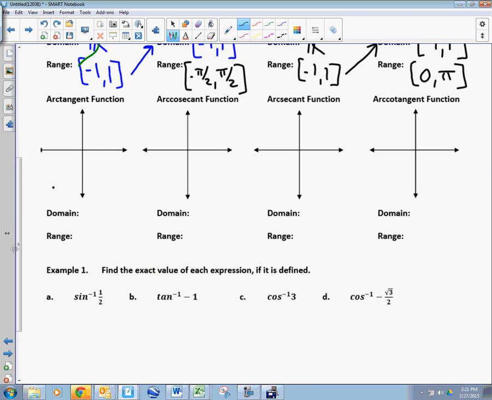Now, there's some interesting pieces as we think about some of the others. Arc cotangent, for example. For tangent of x, the domain is going to be all real numbers. You can plug anything and get the tangent, except tangent is undefined halfway between the period, right?